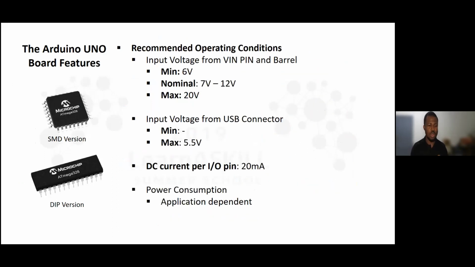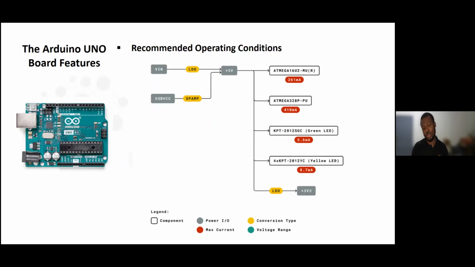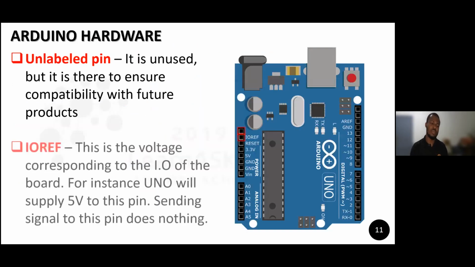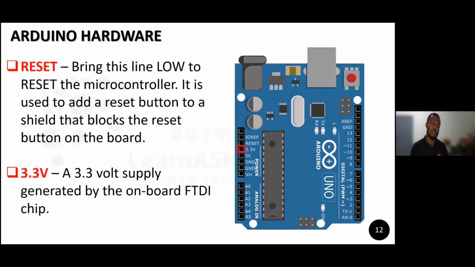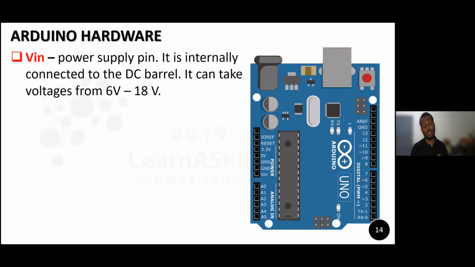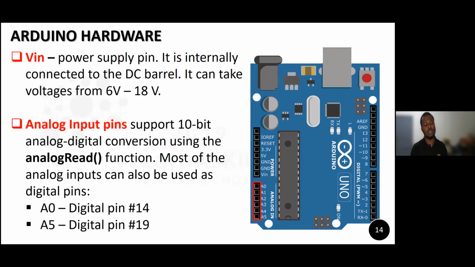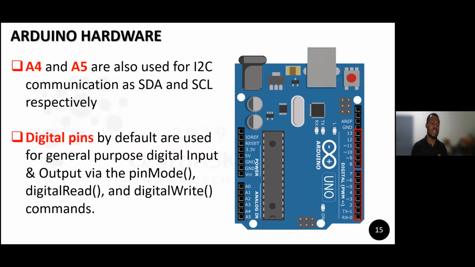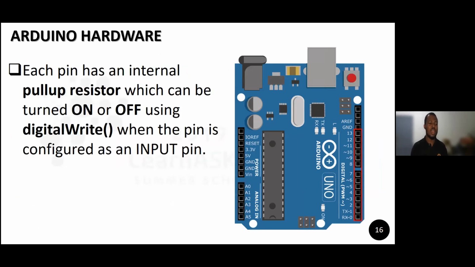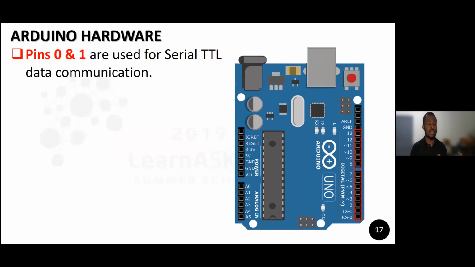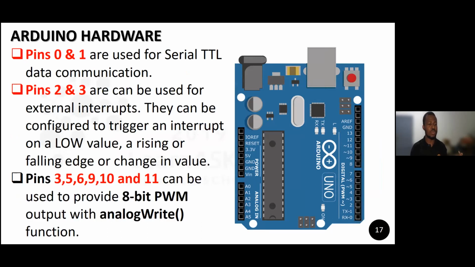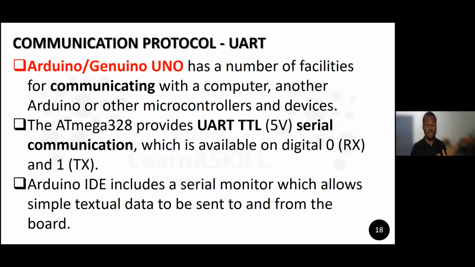So I think we got to the pins, I think. Yes. We got to the digital pins, and I was talking about communication protocols, then I ended. So if you have any questions up to this point, please feel free to ask. Yeah, any questions?